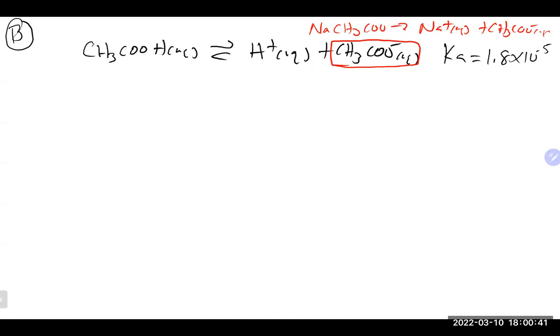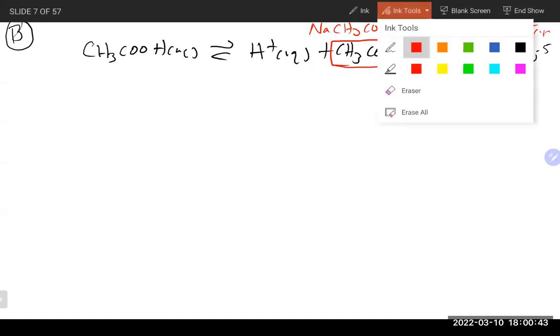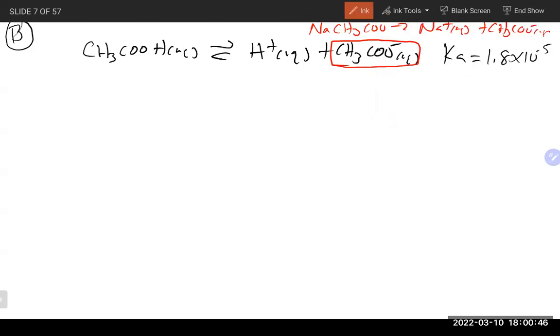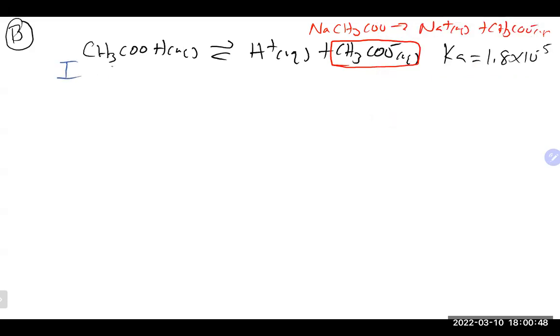So initially here, we would approach our ICE table kind of the same way. Initially, we had still 0.2 of this guy. We have 0 of this guy. Do we have any of the acetate initially? We actually do, and this is why. So they were both kind of dumped in there together into the solution.